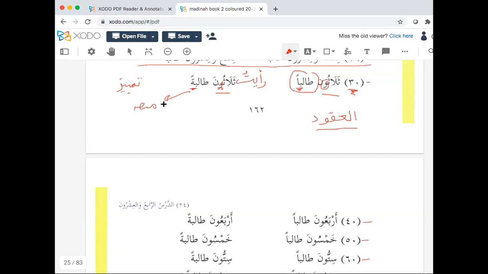What else? Mufrad and nakira. Mansoob means got fatha at the end of it. Mufrad means it's singular. And nakira means it hasn't got alif lam. Nakira. Jayyid. Tayyib, continue please, brother.